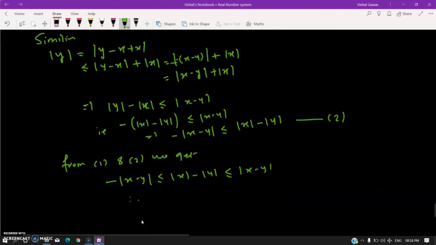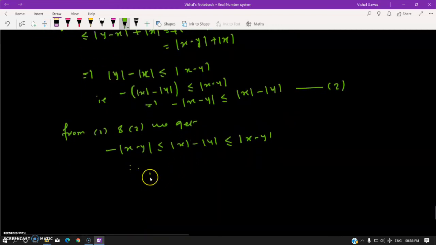This implies that, by the property number 5, or whatever it is, the absolute of the absolute of x minus the absolute of y is less than the absolute of x minus y.